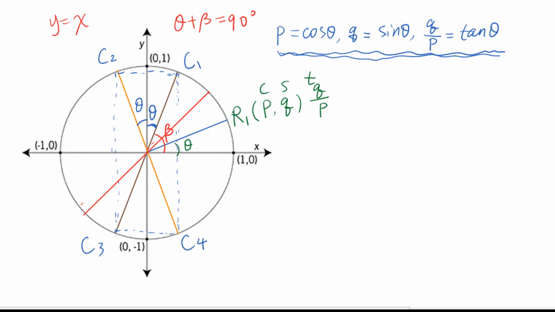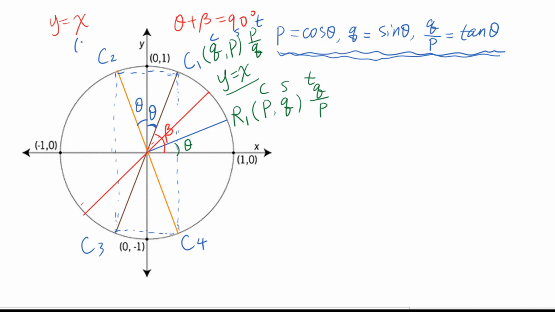You could say R1 and C1 are reflecting across the line y equals x. Since we know when 2 points are reflecting across y equals x, the coordinates will be switched. Therefore, for C1, you will have Q, P. Then the tangent will be P over Q. Then according to the symmetrical property, we can figure out the coordinate for C2.